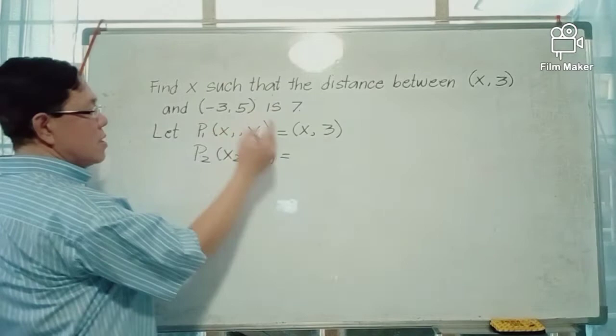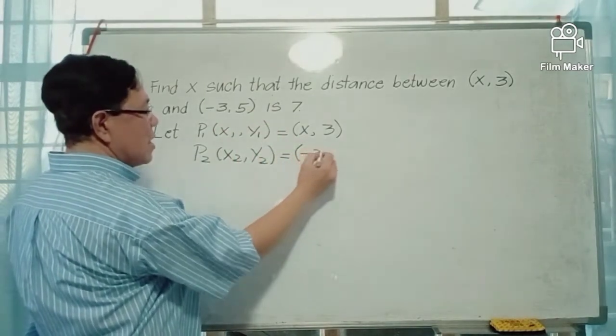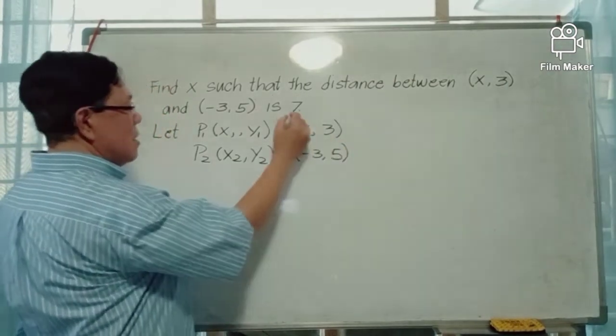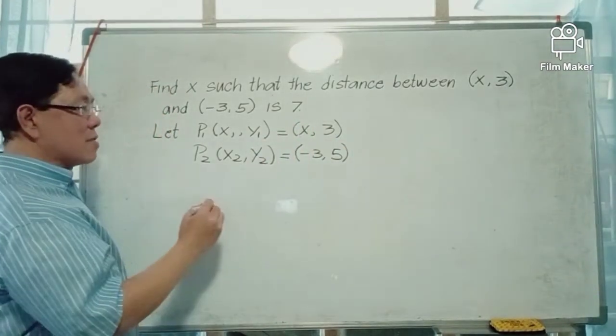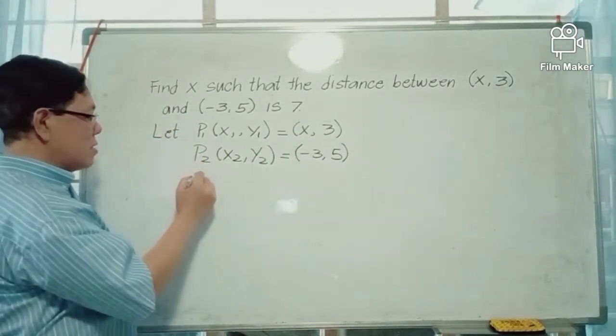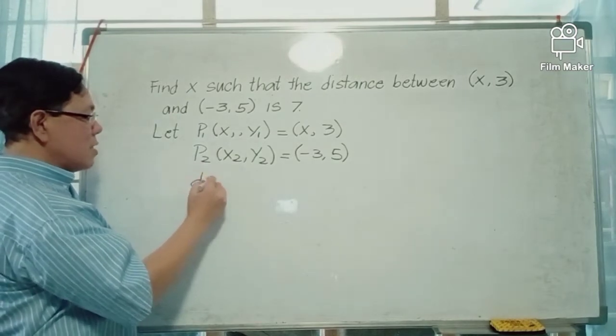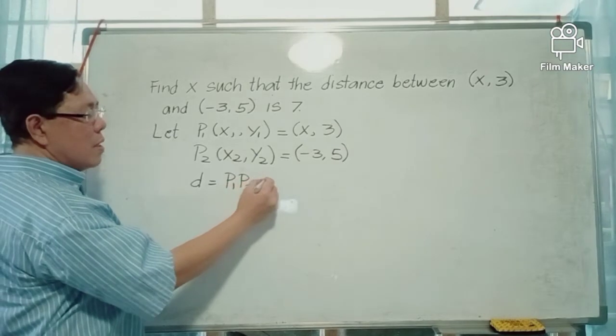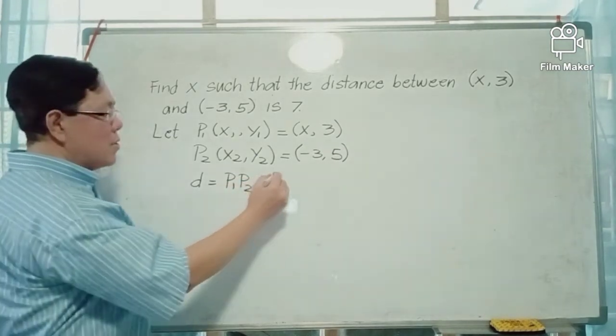And this point is the second point given, negative 3, 5. 7 is the distance between these 2 points. We write D equals the distance between P1 and P2, and it is equal to 7.